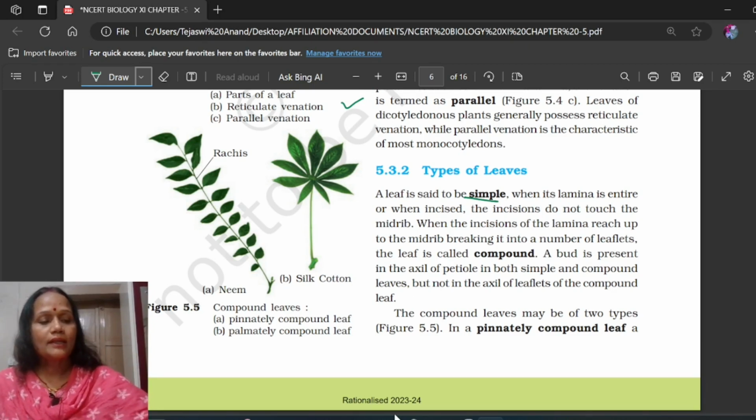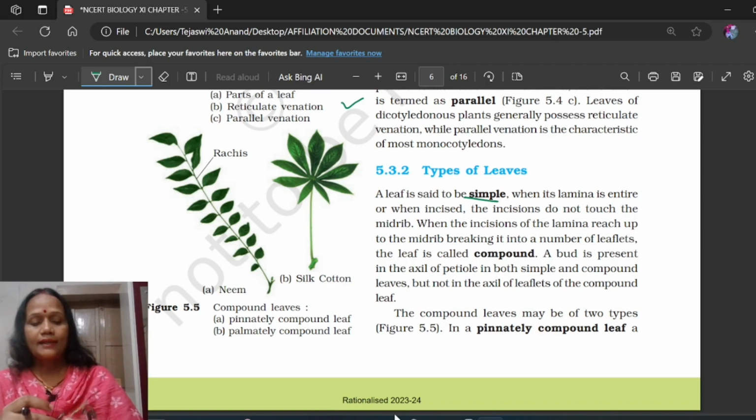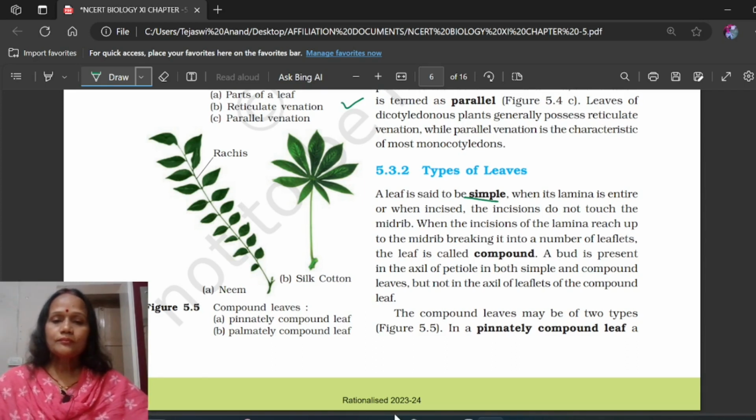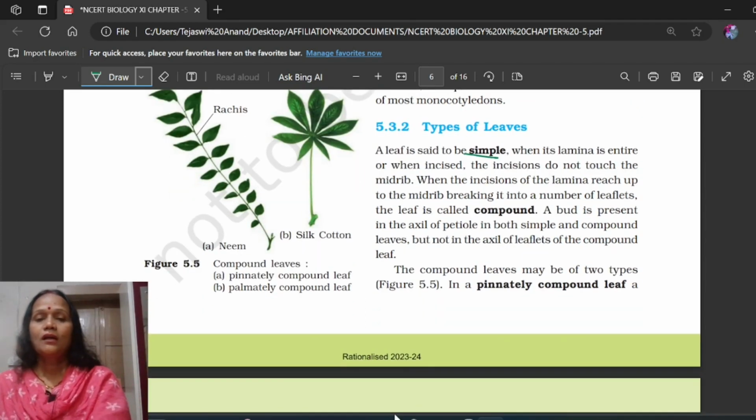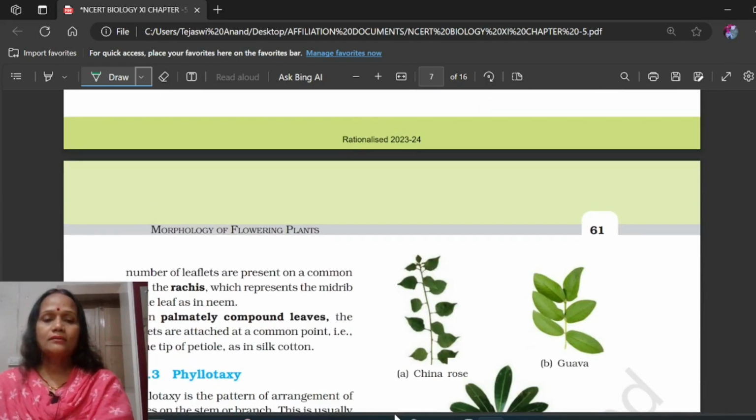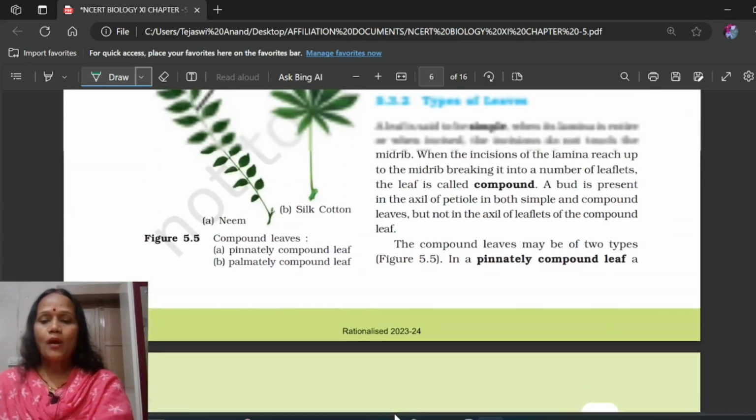Today I have brought the leaves of the rose also. Sorry, it has dried. We can understand how to tell simple leaves and compound leaves.